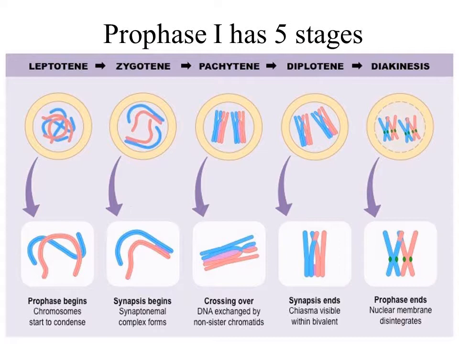When does this occur? This occurs during prophase 1. So during prophase 1, we actually have 5 stages. We have leptotene, zygotene, pachytene, diplotene, and diakinesis. So during prophase 1, we actually have 5 different stages.